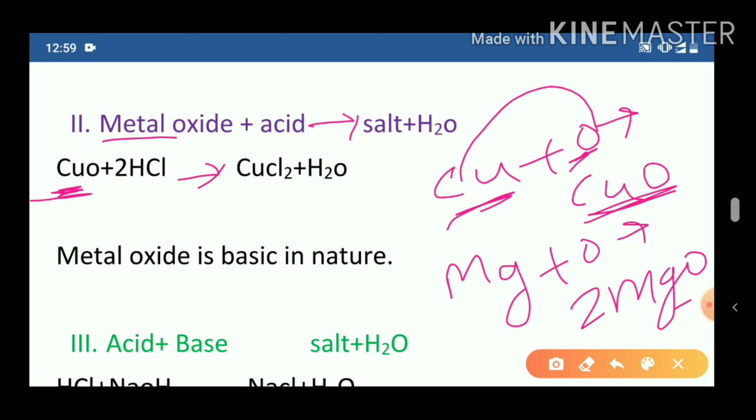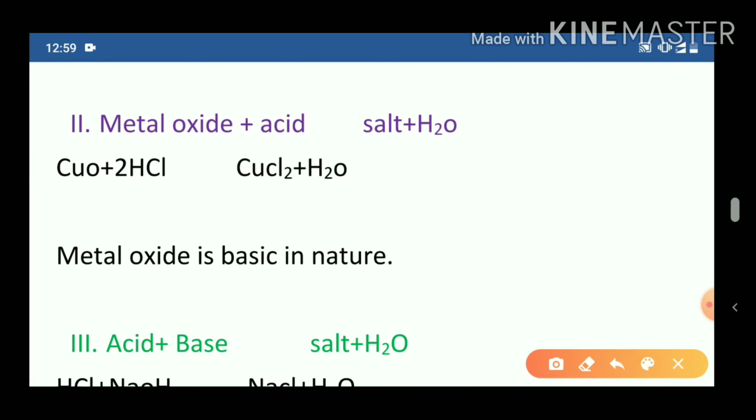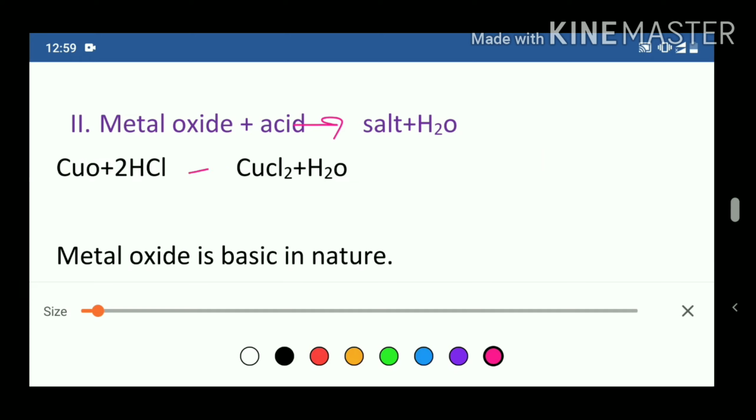When metal oxide reacts with acid, HCl, it will form salt and water. Now see, this is metal oxide plus 2HCl. The main thing is we know that metal oxide reacts with acid to form water.